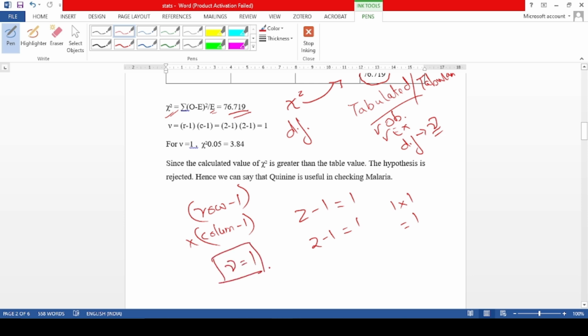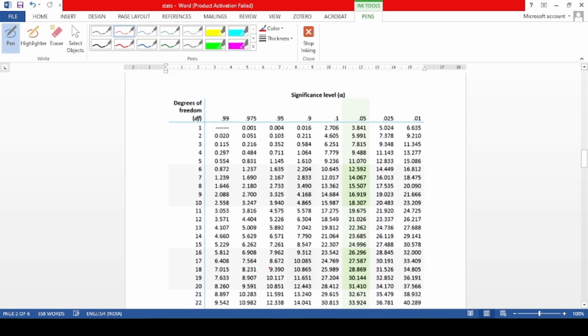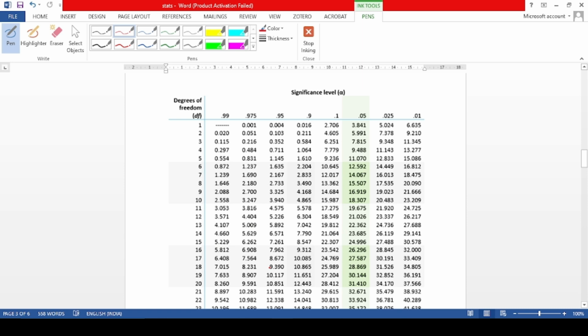Now we go to the table. This is a standard chi-square table. You can find it on the internet itself or in any statistical book which covers chi-square. So here you see the degree of freedom.